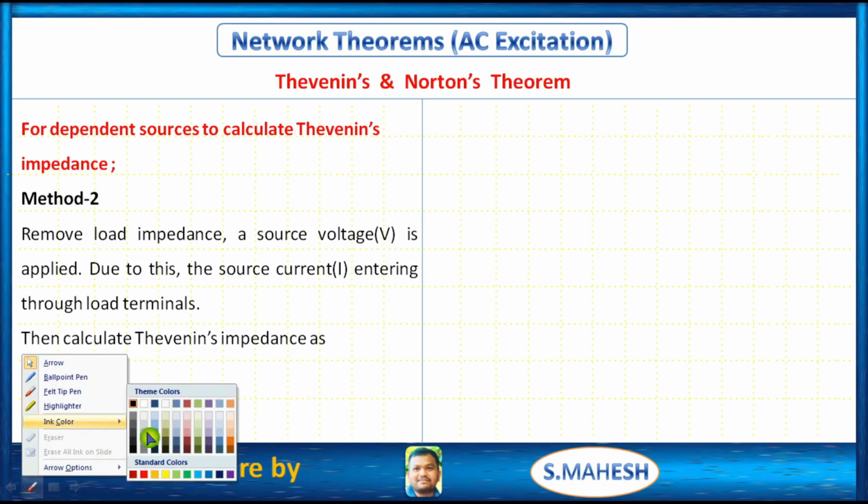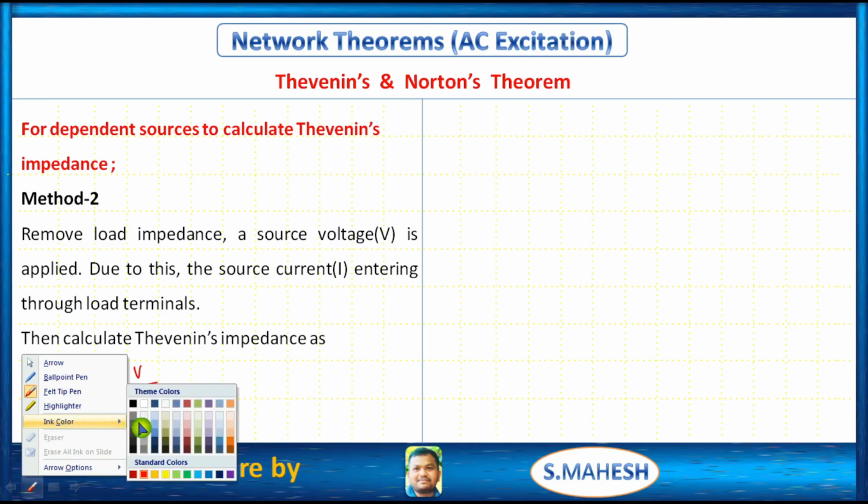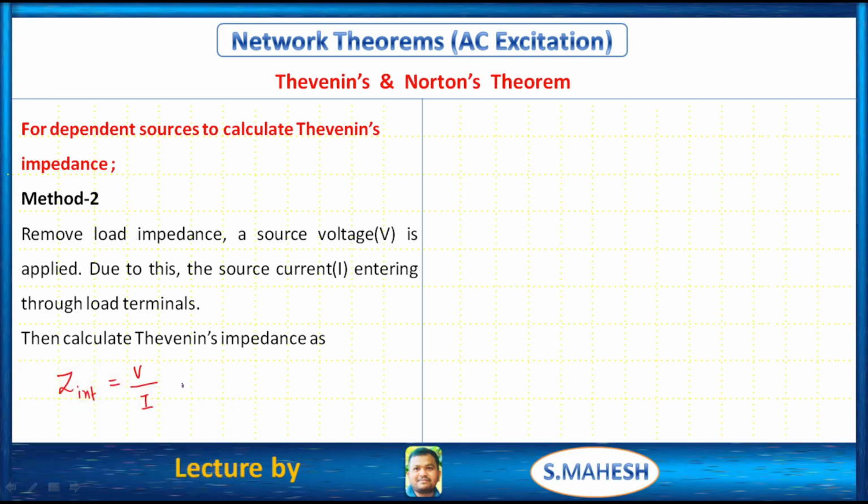Here it is V by I, where V equals VOC, which equals VTH. This is the method to calculate Thevenin's impedance, the same methods as we discussed in DC excitation.